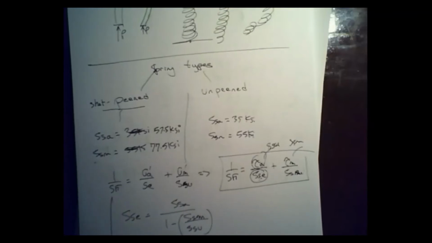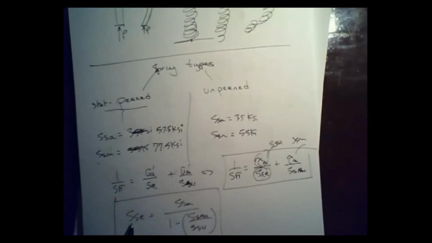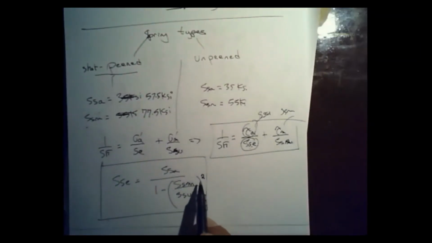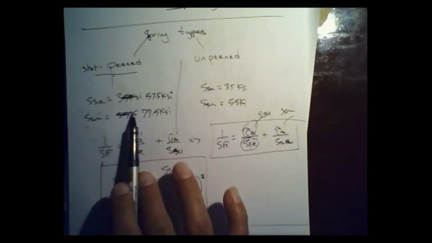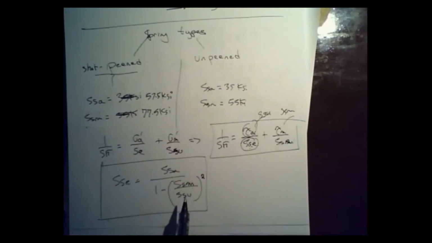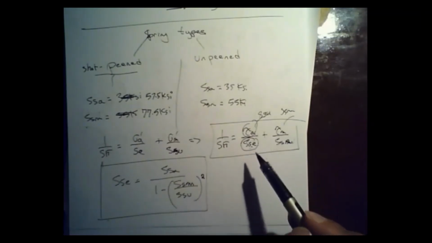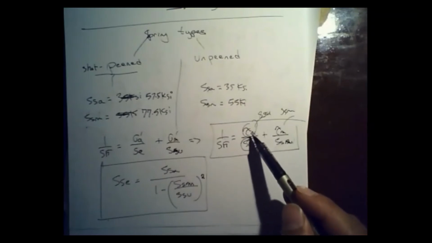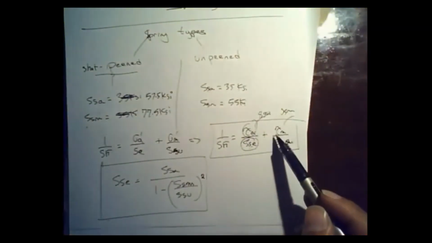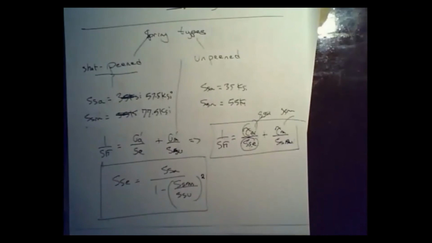So this is how we can solve for your endurance limit in shear, and sometimes you would see that they have a 2 over here if you are using Gerber, or it would be 1 if you are using the modified Goodman. In the book, when they are calculating the endurance limit based on these numbers, they are using the Gerber. This is why we are calculating the endurance limit based on the maximum alternating and the maximum mean.